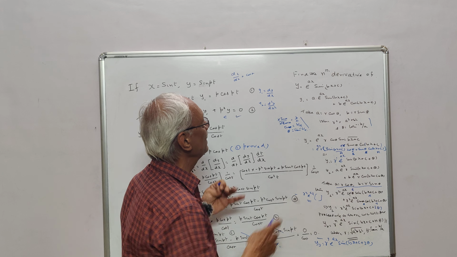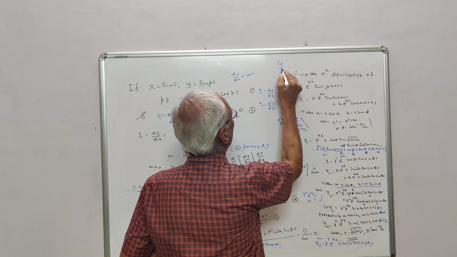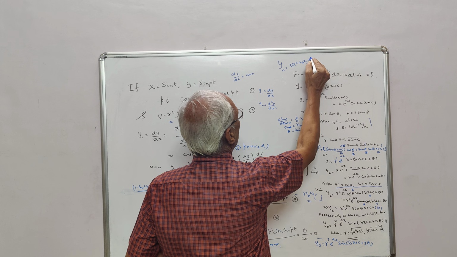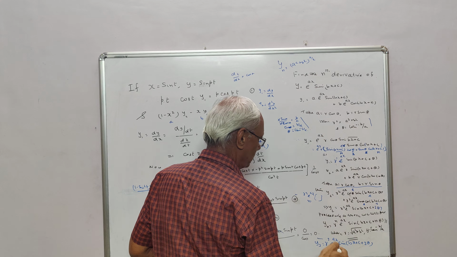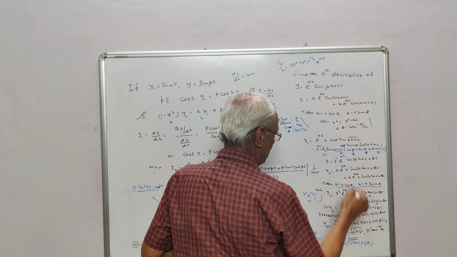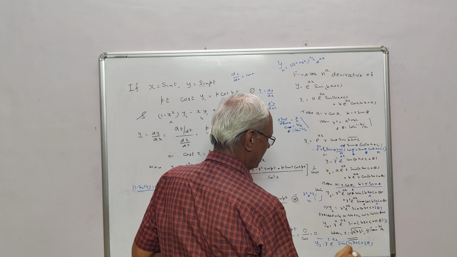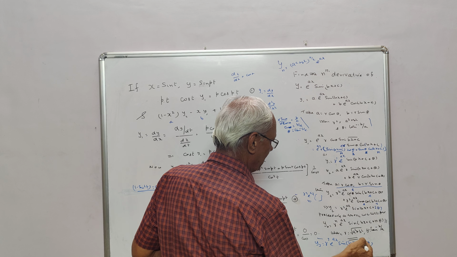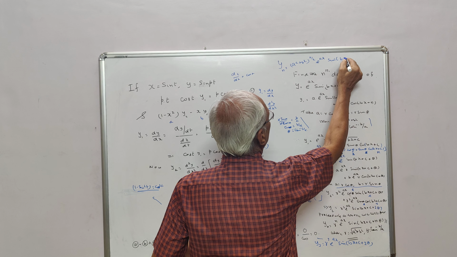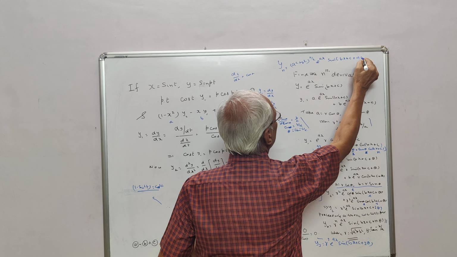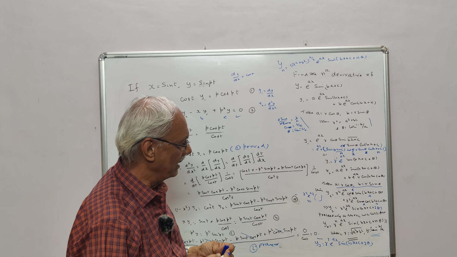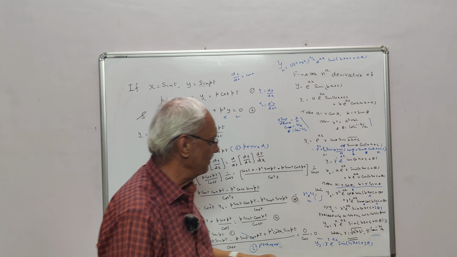Therefore, yn will be equal to a squared plus b squared whole to the power of n by 2 into e to the power of ax into sin of bx plus c plus n theta. And this theta is nothing but tan inverse of b by a.